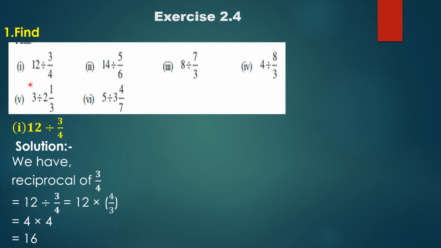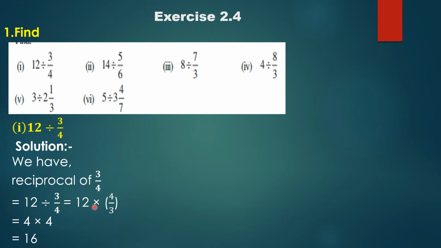Find. There are 6 sub questions under this, and the first one is 12 divided by 3 by 4. We know that when we are converting the division into multiplication, we have to take the reciprocal of 3 by 4 here.